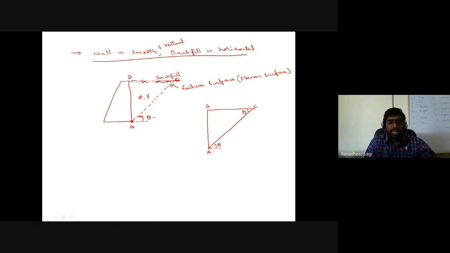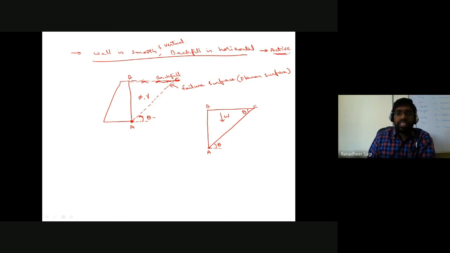Now I can apply the equilibrium conditions first. Before I start talking about the equilibrium conditions, first I have to represent all the forces that are going to act on that particular soil wedge. So what all forces will come across? The weight of this soil wedge, that is W. And in this particular case, I am looking at the active state, let's say.